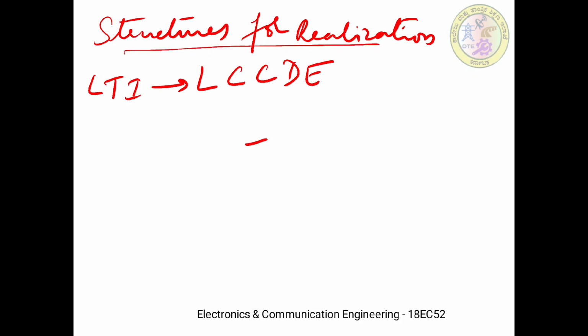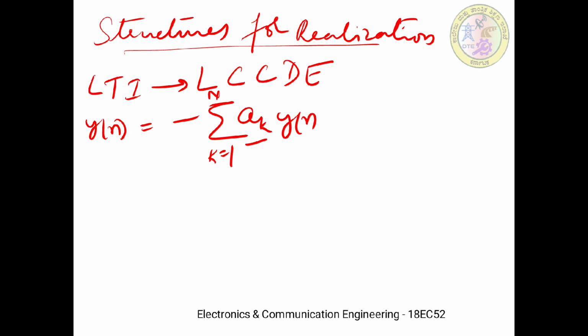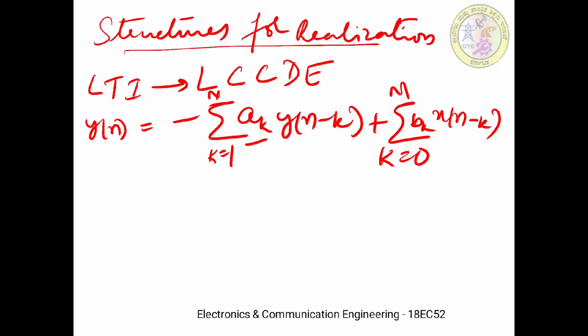That difference equation is given as y of n is equal to minus summation from k equal to 1 to N of ak into y of n minus k, plus summation from k equal to 0 to M of bk into x of n minus k.